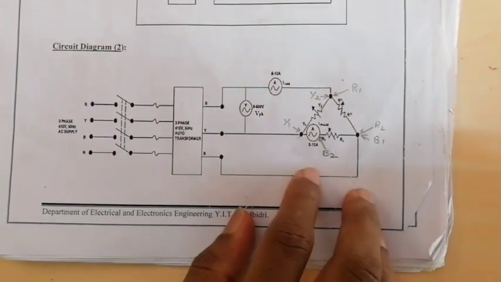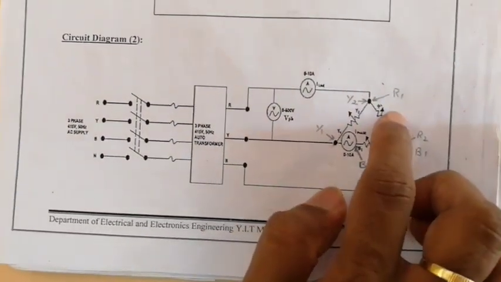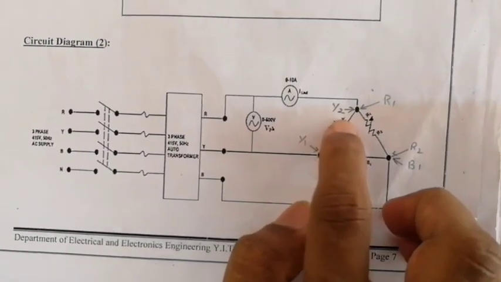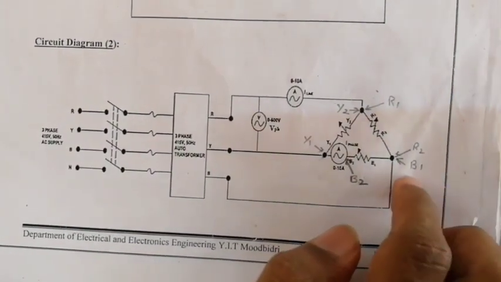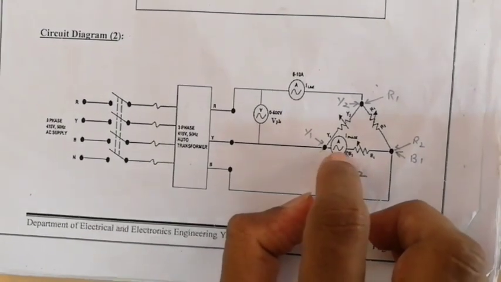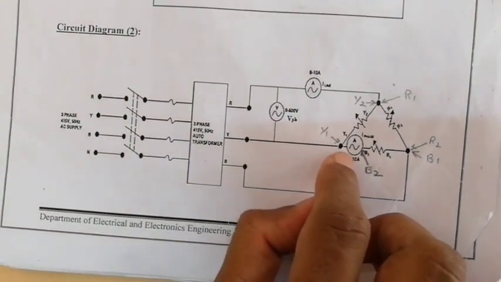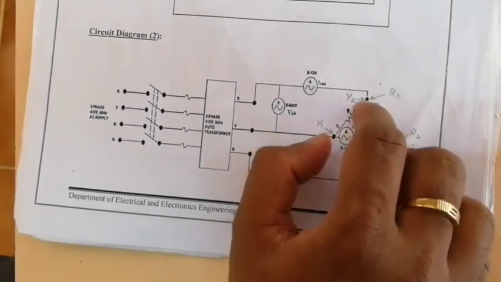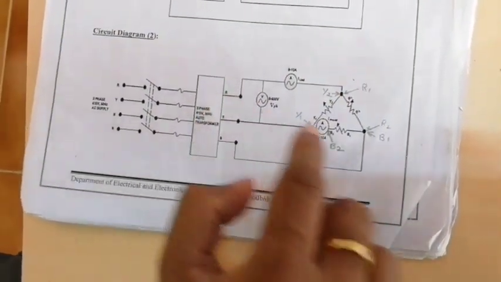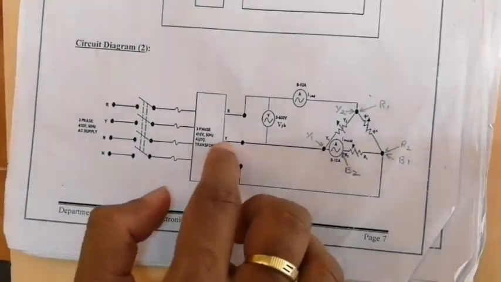So this is the circuit diagram for delta connected load. Here if you see, R1 and Y2 are connected, R2 and B1 are connected. B2 is connected to the ammeter and Y1 is connected to the other end of the ammeter. R1 is connected to the supply, B1 is also connected to the supply, and similarly Y1 is connected to the supply.